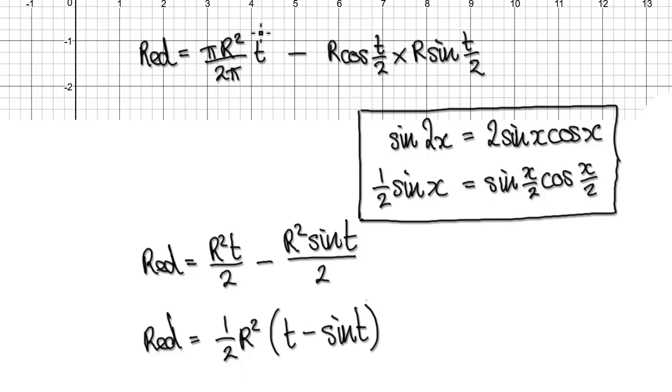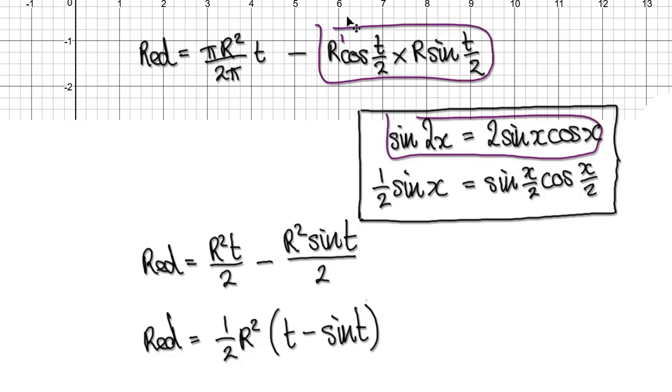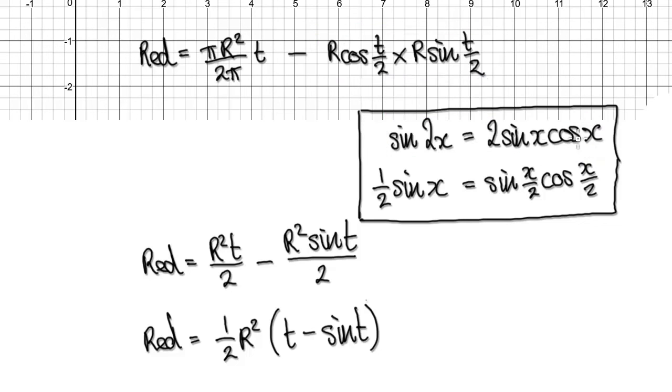So now let me think. Tidy this up. That will then give us this. We can make use of this to tidy up this whole thing here. Bear in mind that this angle here is always twice this angle here. So if you have half t here, then you're going to have one whole t over here.